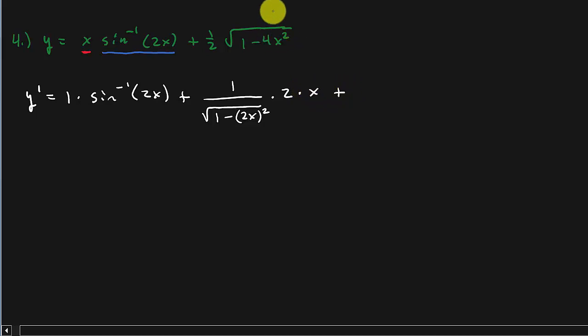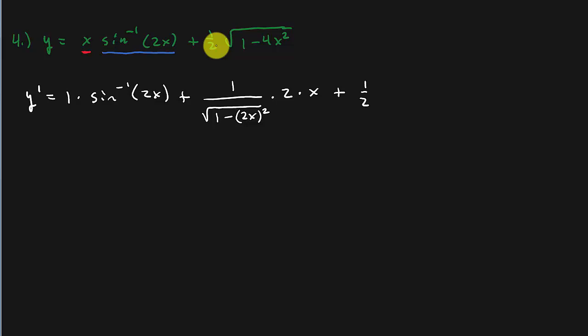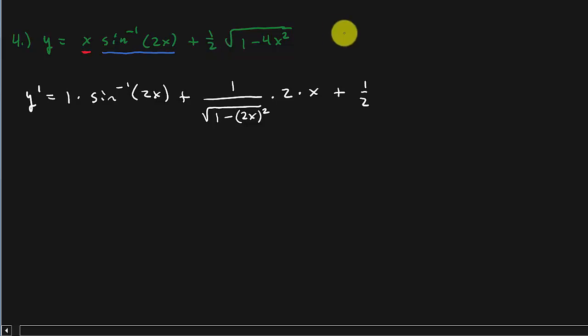Plus, now we have to take the derivative of this term. So this is going to be 1/2. That's just like a constant in front of your square root. Now, I know a lot of you watching this might have learned, take this 1 minus 4x squared, the square root of that, and change that to the 1/2 power, and then take the derivative. I'm going to show you a little tip right here on finding the derivative of a square root.